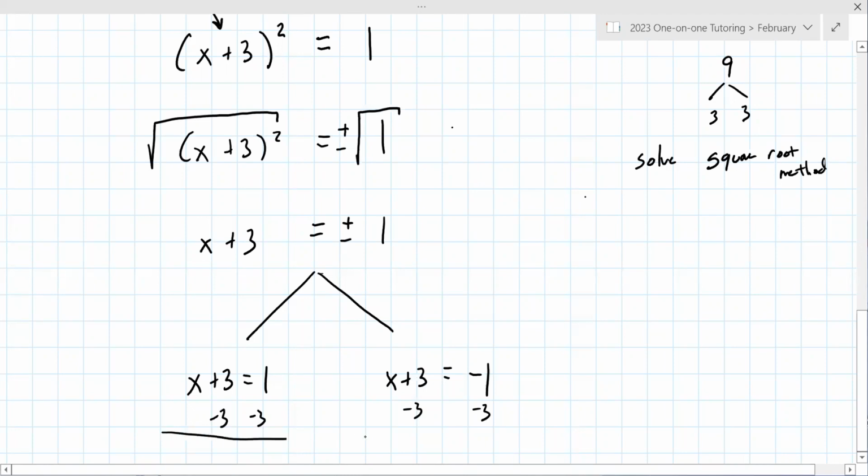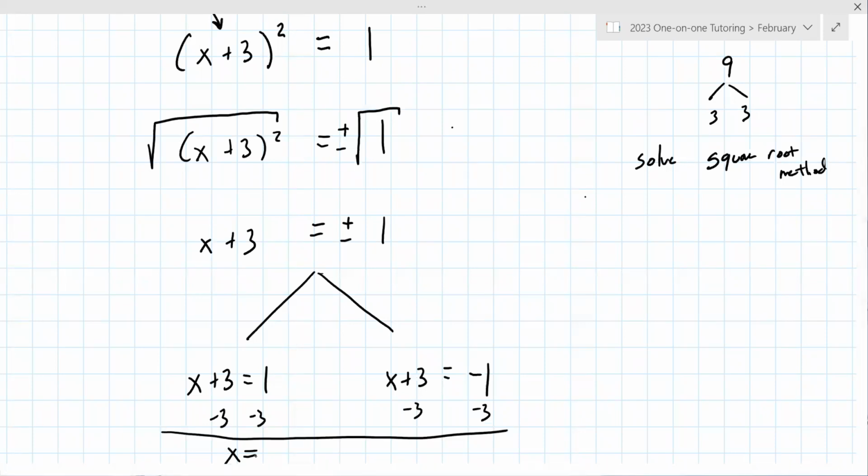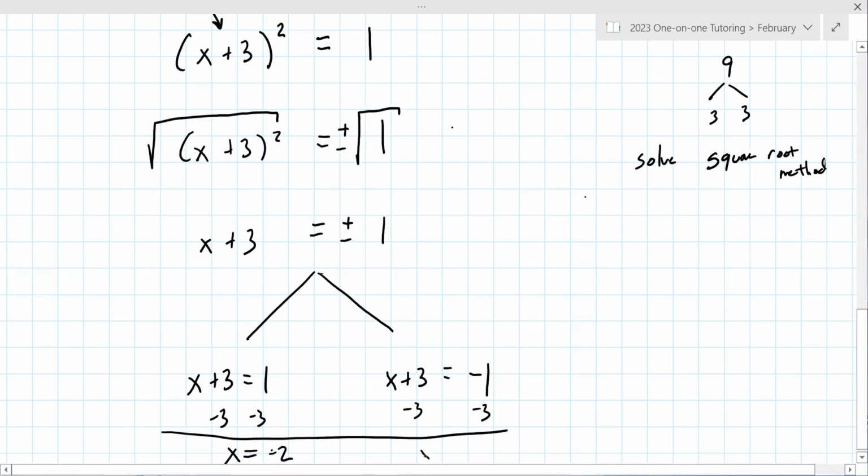Can you tell me the final answers here? That'd be minus 2 and minus 4. So it's not necessarily opposite sign answers.